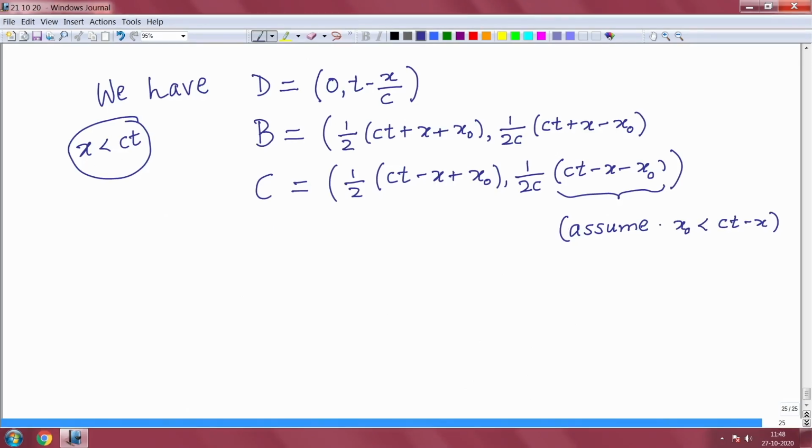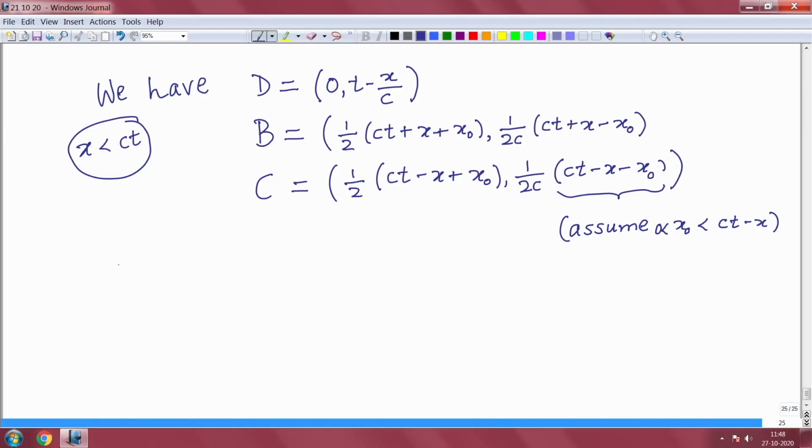So I can always find an x 0 satisfying that condition. Soon we will see that x 0 does not appear in the final formula for the solution. It is just like a catalyst.